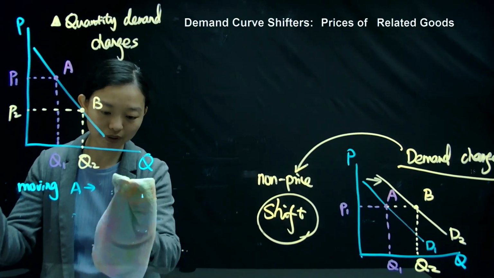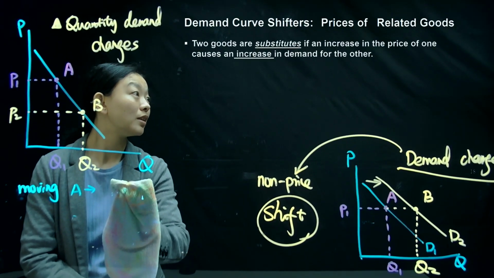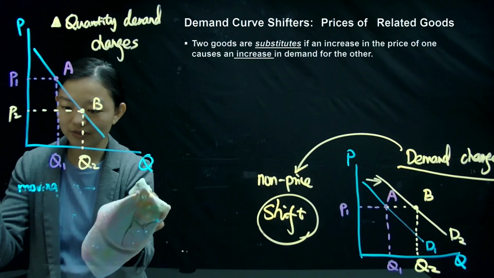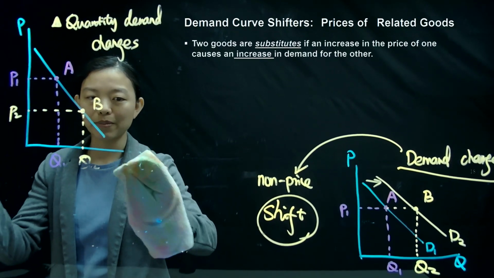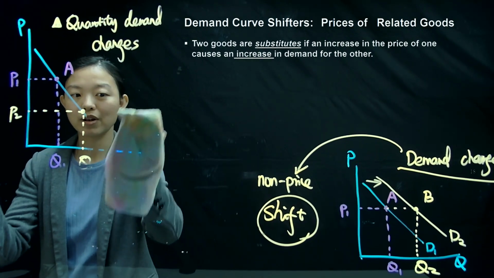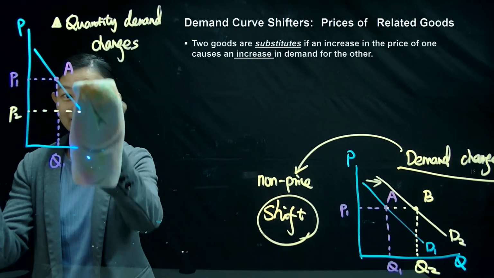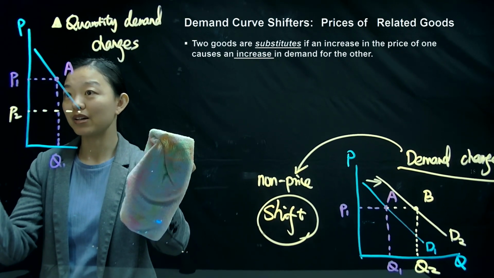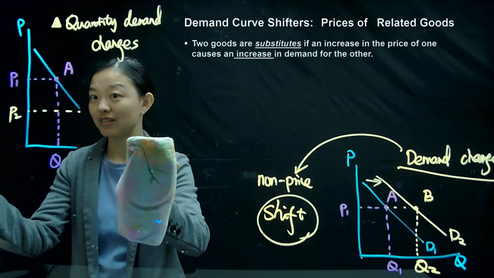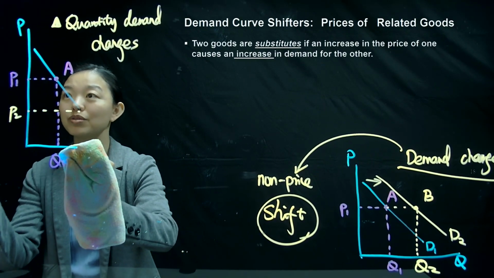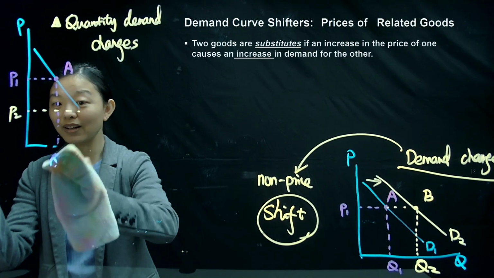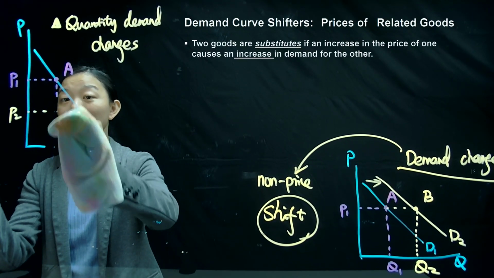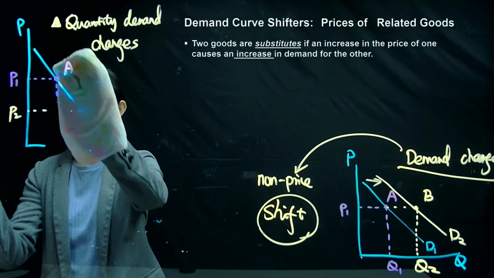The first one will be substitutes. Can you think of some examples of substitutes? If you're shopping online, probably some of your products are not available in the market. Then it will ask you, do you want some substitutions, right? That is, if the product or order is already out of stock.